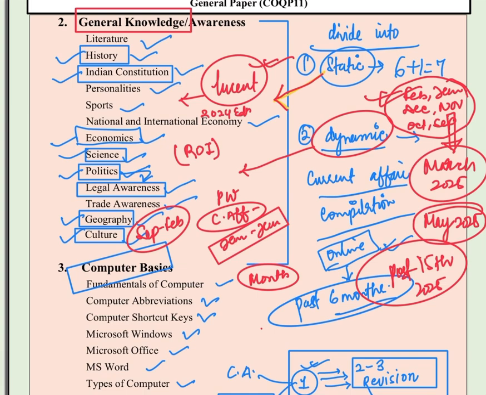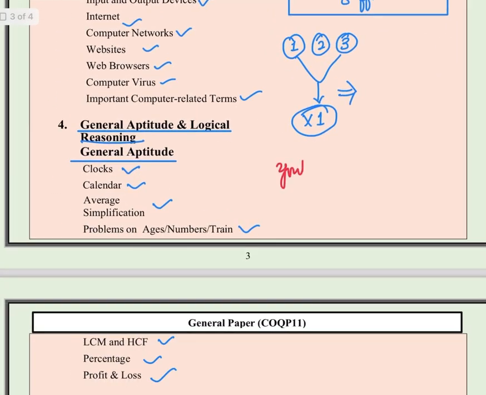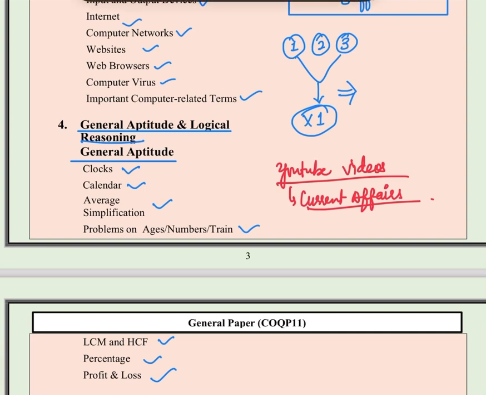So what you can do is you can just look for any YouTube videos where people are preparing current affairs on a daily basis. Just do this hard work. Find such YouTube teachers who are making students prepare for the same CUET thing.